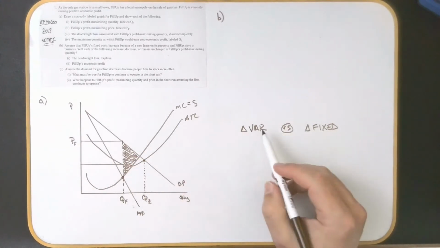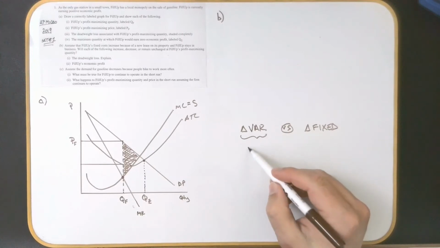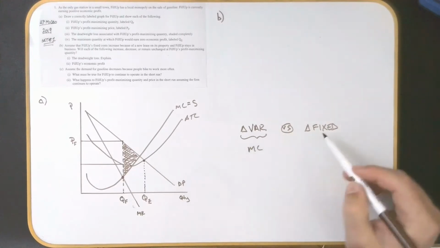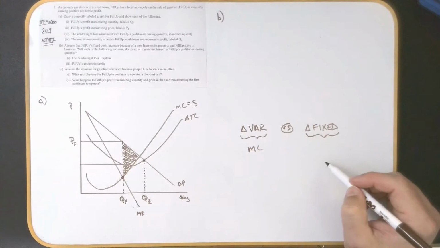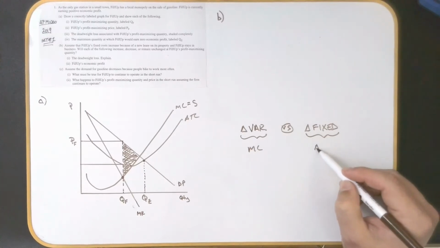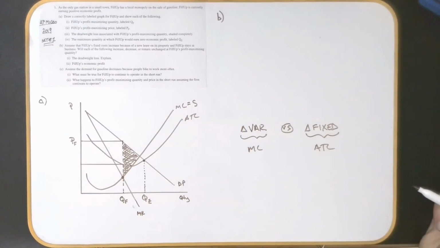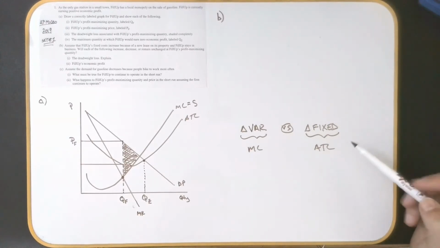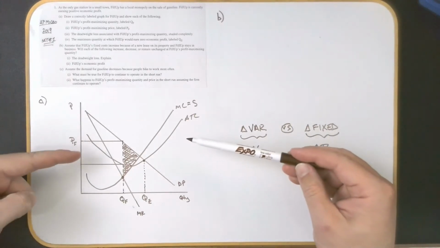If your variable costs change, this is going to result in a marginal cost change. If your fixed costs change, that's going to result in an ATC change. Okay? And so that's what they're testing you on. So you just say, okay, well, my fixed costs are going to change. That means that my ATC, my costs are higher.